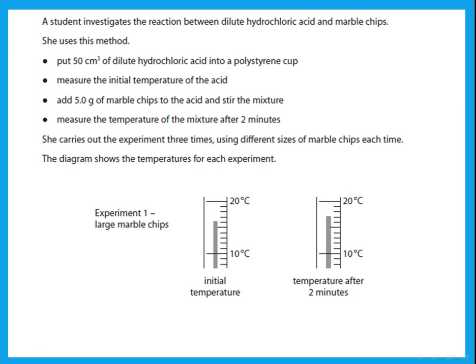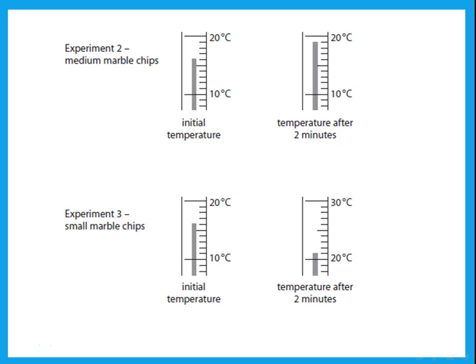She carries out the experiment 3 times. What is she changing? She's changing the sizes of the marble chips. So experiment 1, large marble chips, he gives initial temperature and final temperature. Experiment 2, medium marble chips, initial temperature and final temperature.